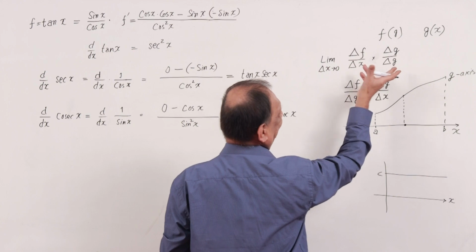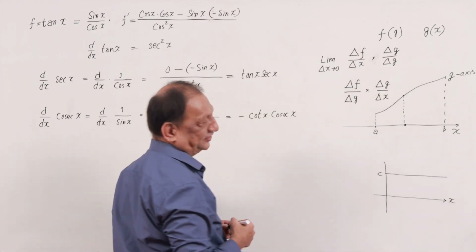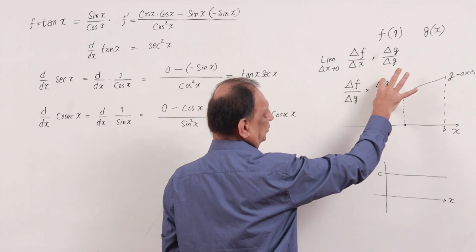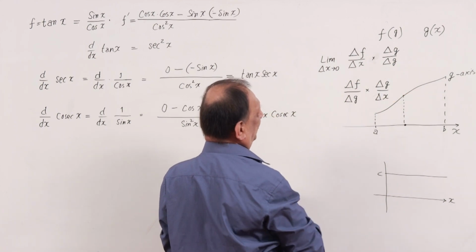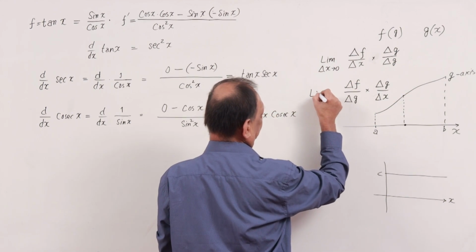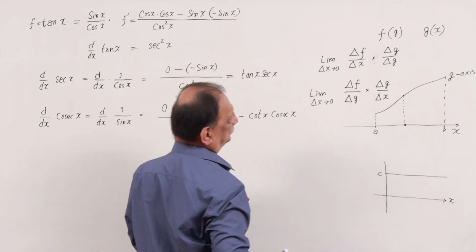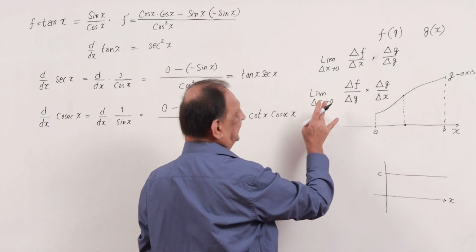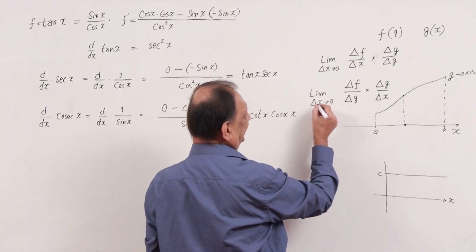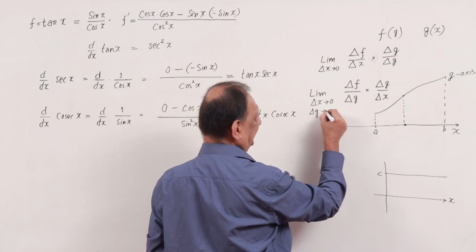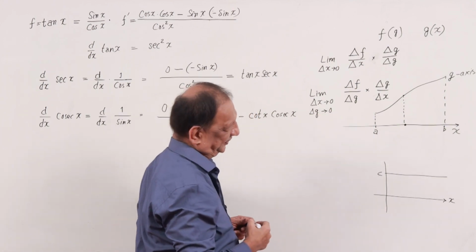I just interchange these two factors in the denominator, and it's a limit of two factors of a product, so it would be a product of limits. So delta f by delta g, when delta x tends to 0, also means delta g tends to 0, obviously.